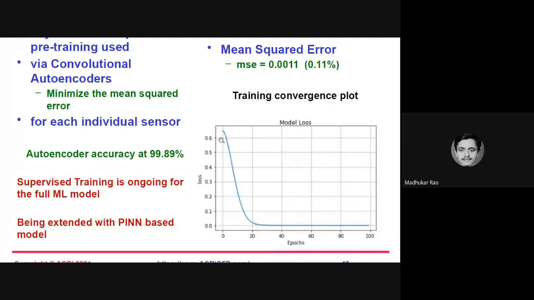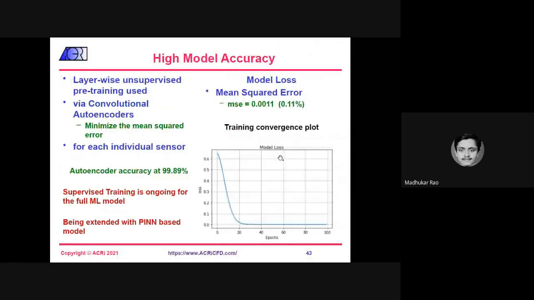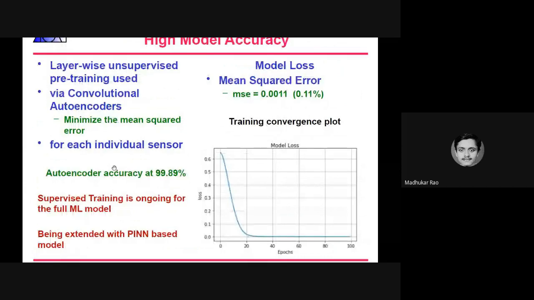So model loss started off with a fairly high value and then ended up with about 1e minus 3, or about 0.11%. So the supervised training is ongoing, and then the next stage is being extended with the PINN-based model.